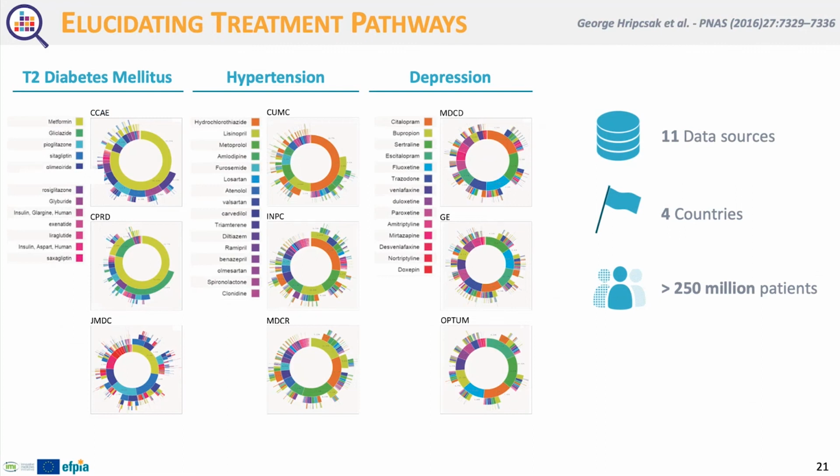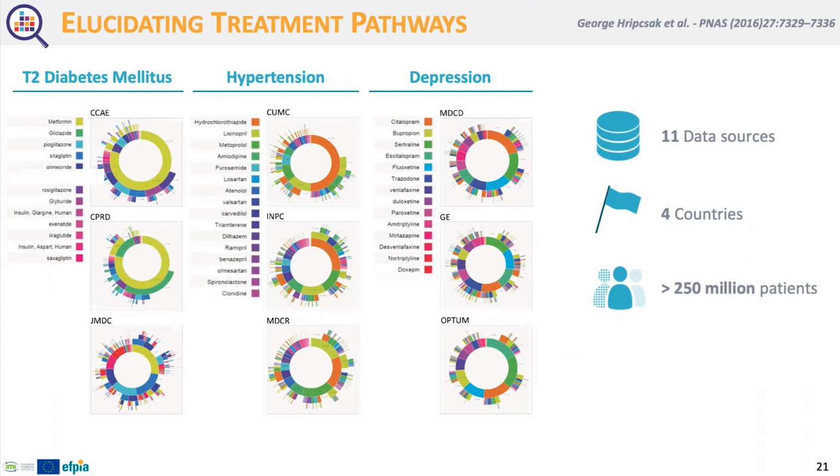I think ultimately observational research promises to complement experimental research in ways that previously had not been thought possible. And this is mainly by providing large, diverse populations that just wouldn't be feasible in a clinical setting. These really beautiful graphs are from work from George Hripsak and colleagues, where they looked at treatment pathways for 3 common conditions, as you can see here.